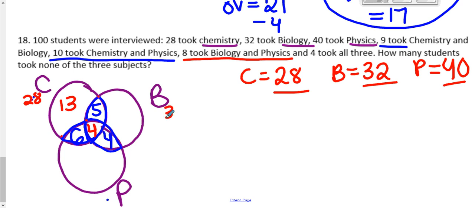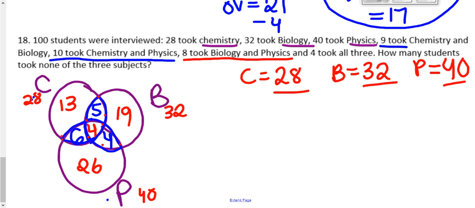Biology has 32. So we already have 5, 4, and 4. So 32 minus 5 minus 4 minus 4 is 19. And for physics, we have 40. We already have a 6, 4, 4. So 40 minus 6 minus 4 minus 4 is 26.